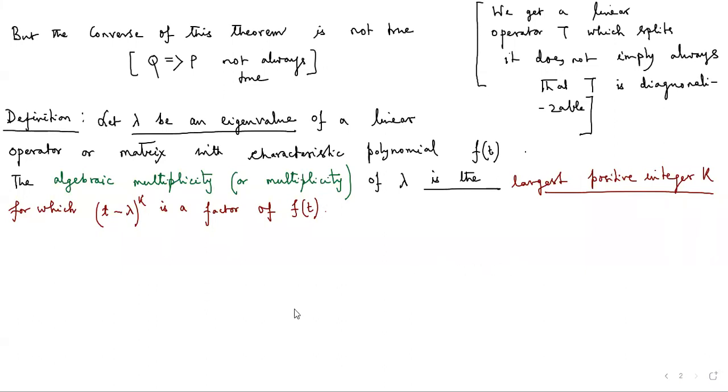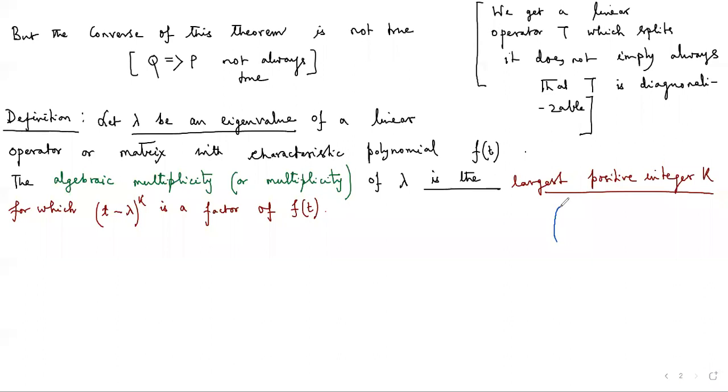So if lambda is the eigenvalue of the linear operator or matrix with characteristic polynomial f(t), the algebraic multiplicity of this eigenvalue lambda is the largest positive integer k, for which (t minus lambda) to the power k is a factor of f(t).